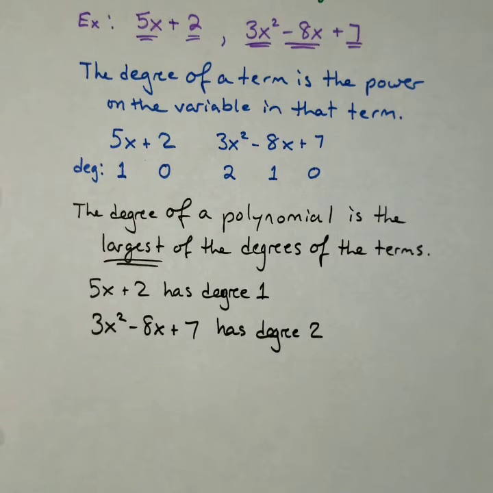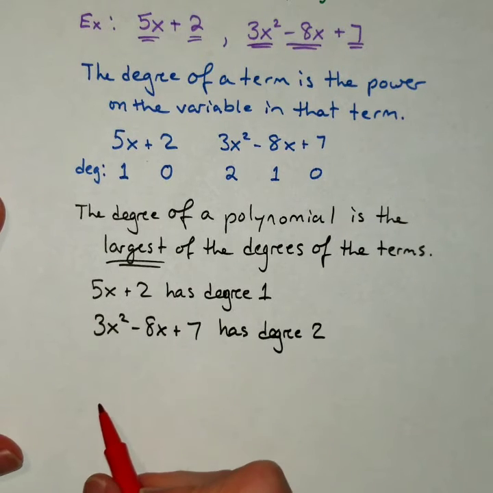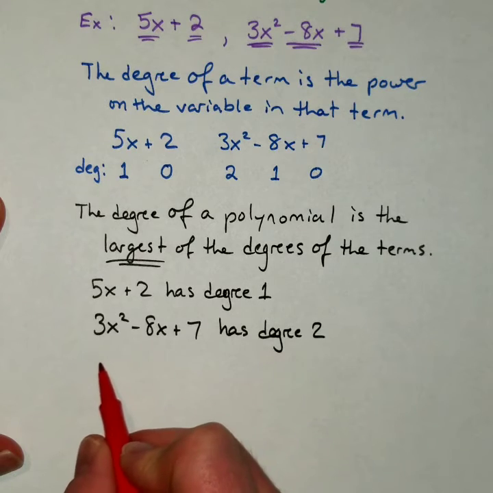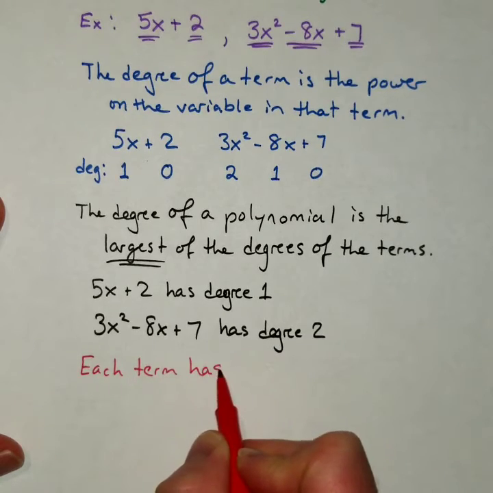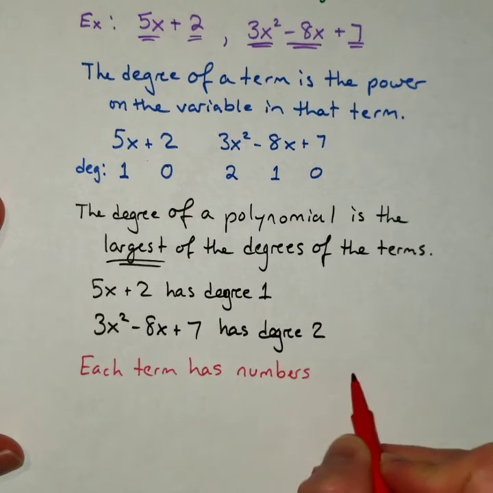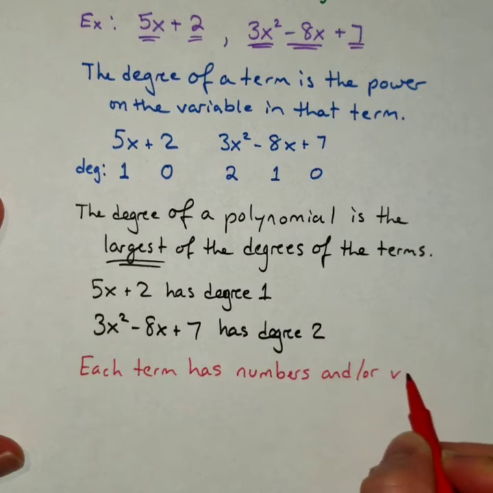Okay, now each term has a couple different parts to it. The first thing is you have the number and the variable. Okay, so each term has numbers and or variables.